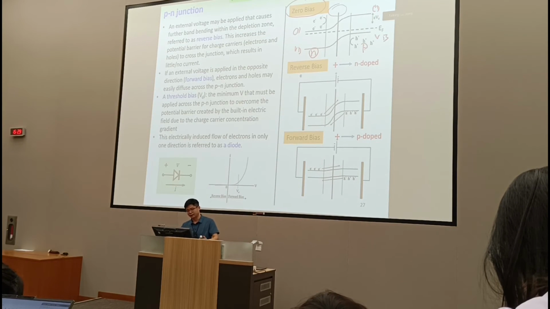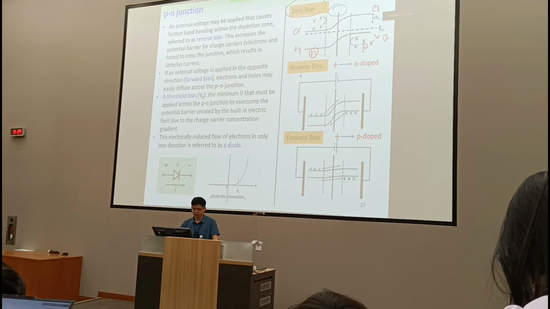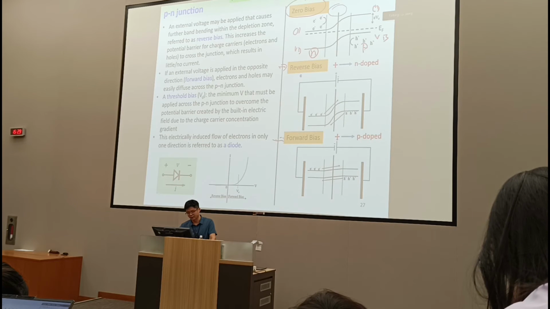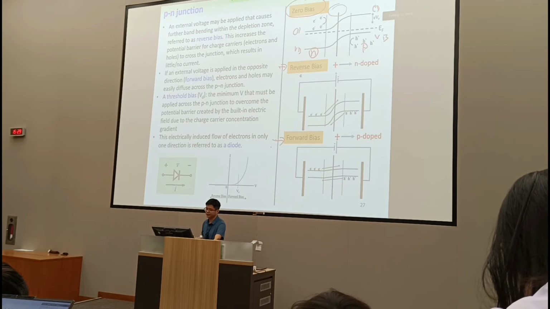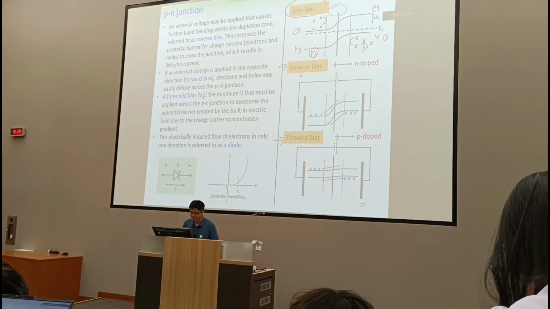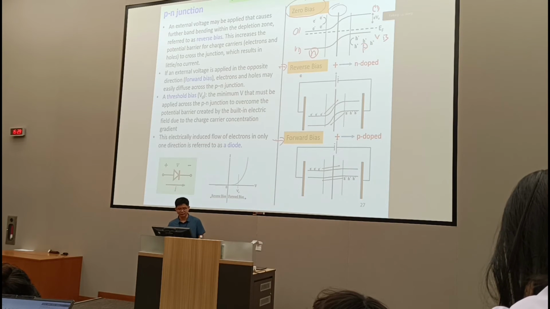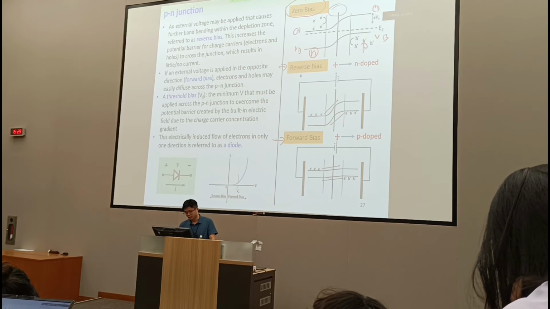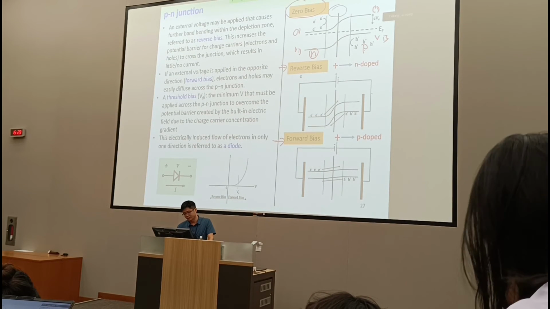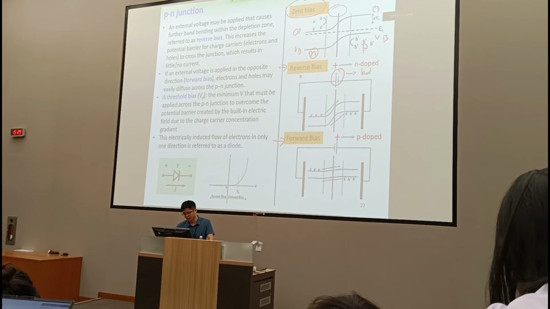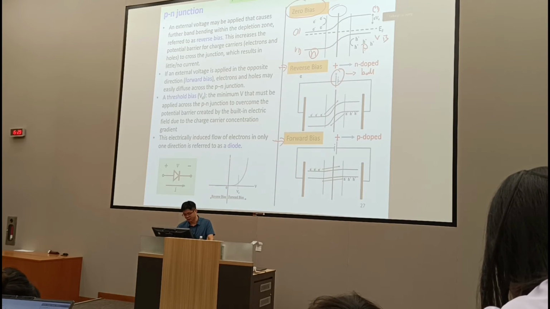Then you can apply a voltage across these p-n junctions. One is considered reverse bias, the other forward bias. Reverse bias means that there is no current flow. Forward bias, with the polarity of the bias applied just right, you can turn on the current flow. How is that going to happen? For the reverse bias, you connect a battery to the p-n junction.